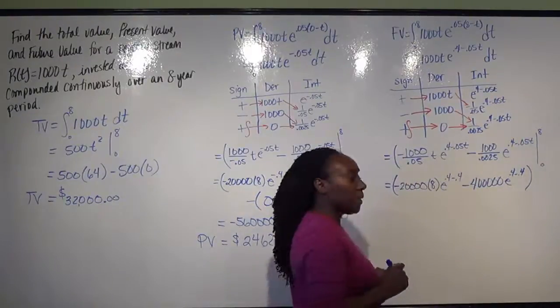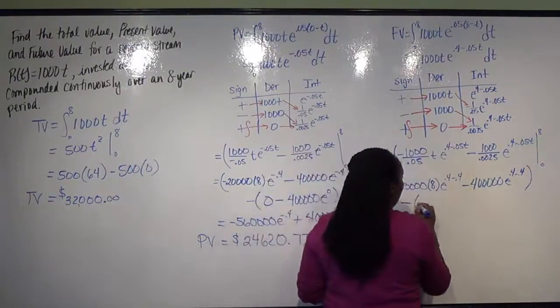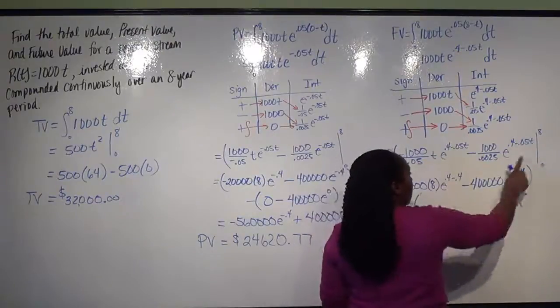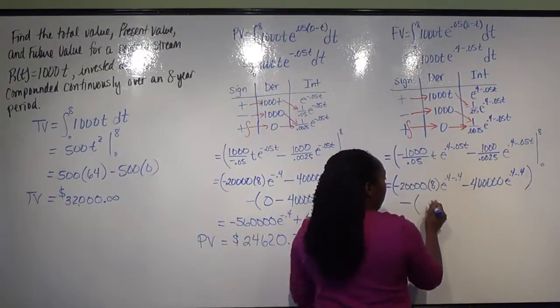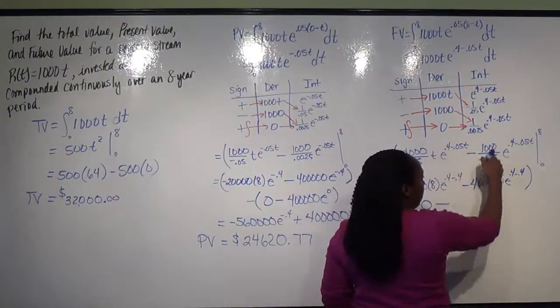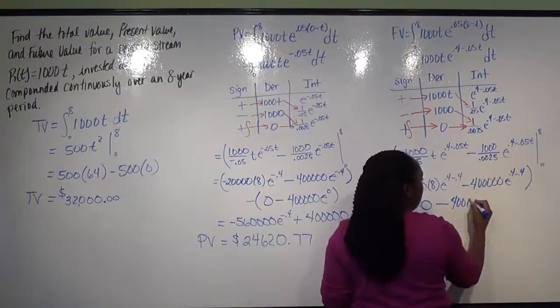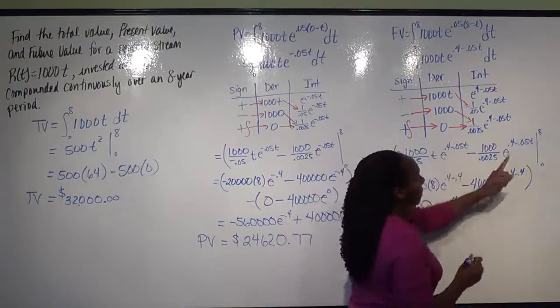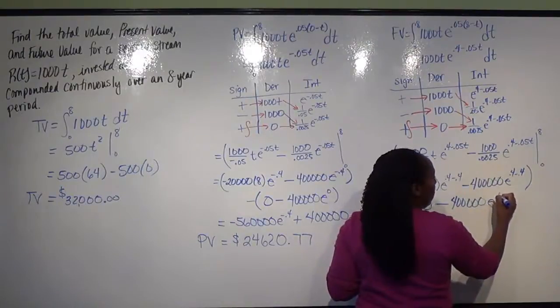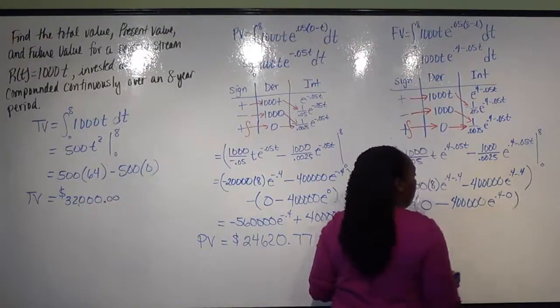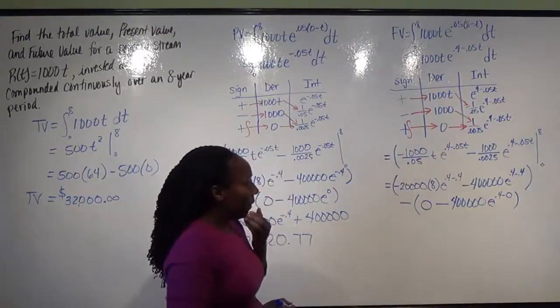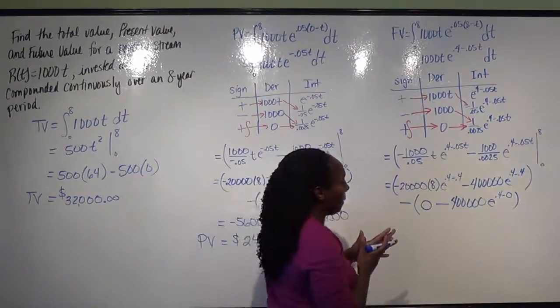There's our upper limit. Minus at our lower limit, plugging in 0. Again, the t there, that term will go to 0. Minus the 400,000 e to the 0.4 minus 0. So we can clean some things up.